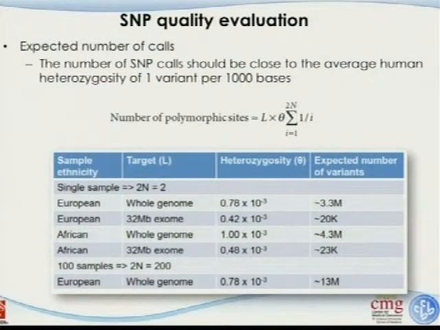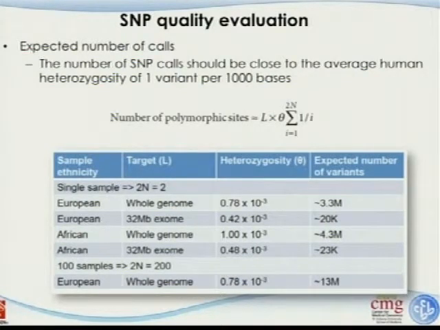And for some of the data that we have, with a broader capture array, a 50 million base exon region, we generally look at 38,000 to 40,000 variants, which is in the ballpark. For the African whole genome, you can see that we are expecting 1 million more variants compared to the European populations.